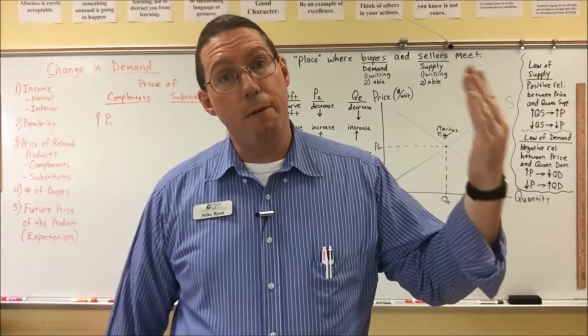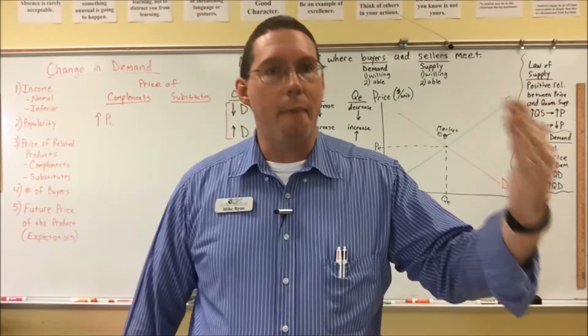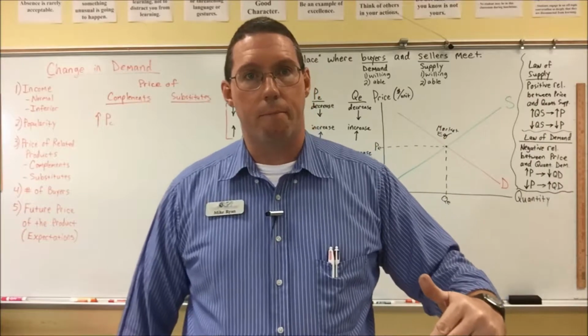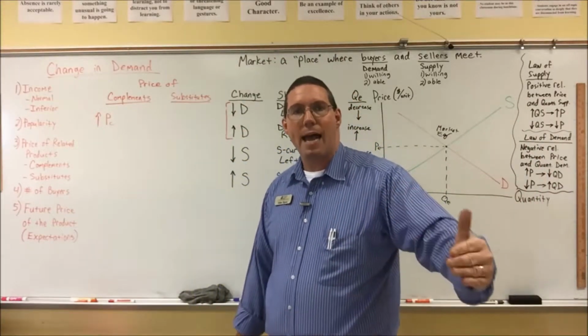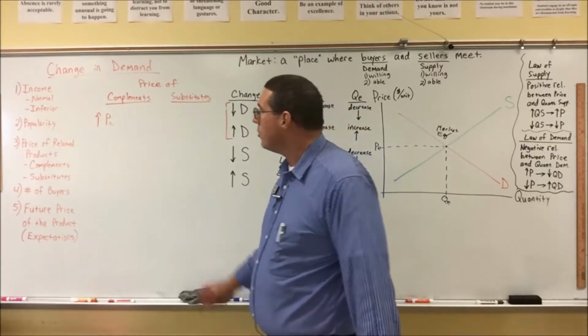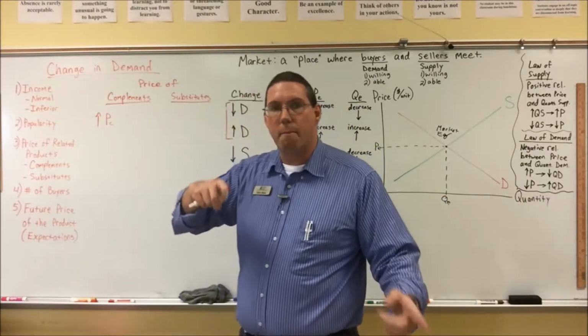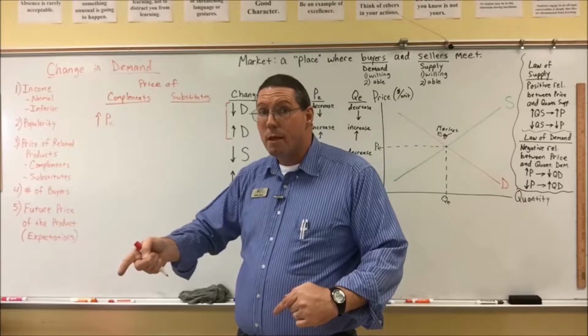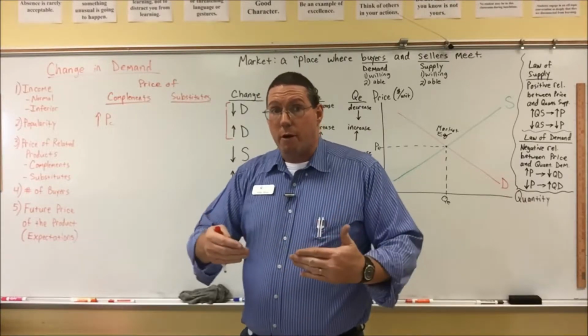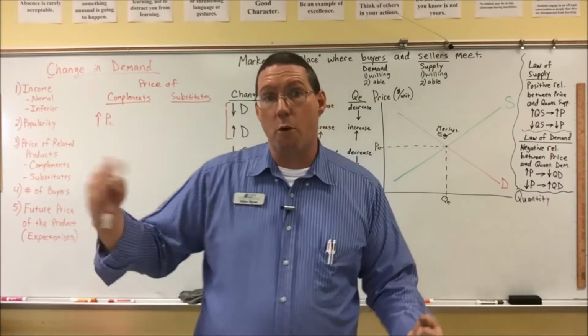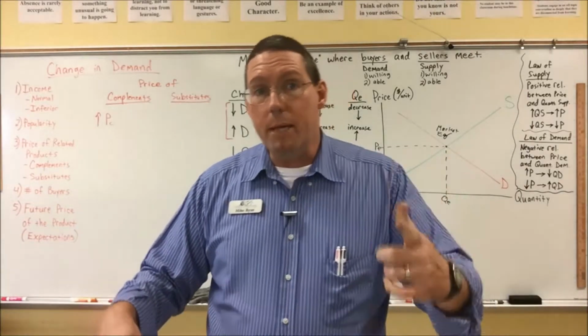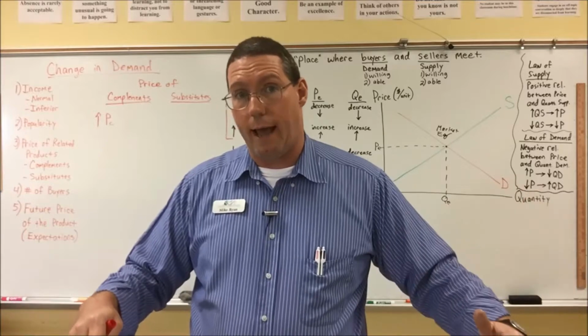So if the price of peanut butter goes up, people will demand less peanut butter. And if they are buying less peanut butter, aren't they going to be less willing to buy jelly? Because they go together. Less peanut butter means less jelly. So the willingness to buy jelly goes down because the ability to buy peanut butter has gone down.